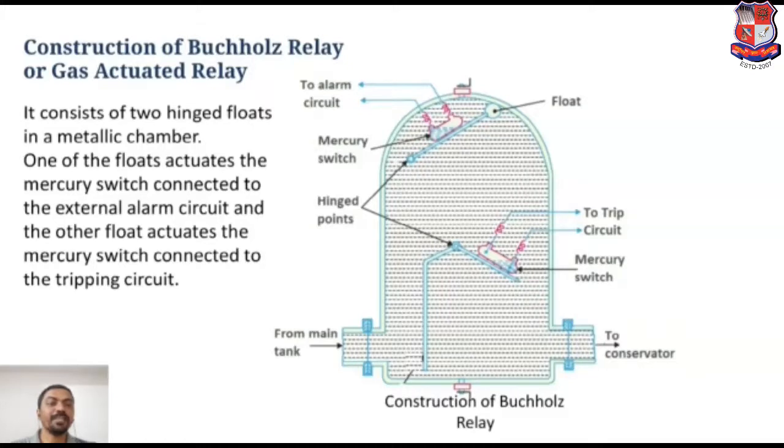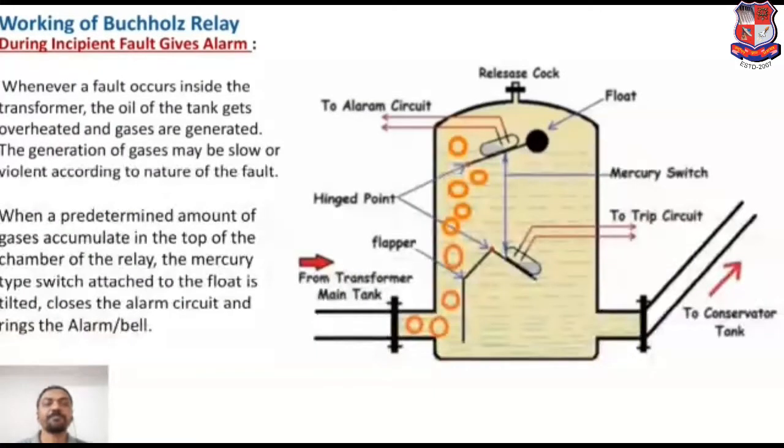The top mercury switch is connected to the external alarm circuit, and the lower mercury switch is connected to the trip circuit or trip coil of the circuit breaker. So mainly there are 2 mercury switches. One is connected to the alarm, another is connected to the trip coil of the circuit breaker. So this is the basic construction of the Buchholz relay.